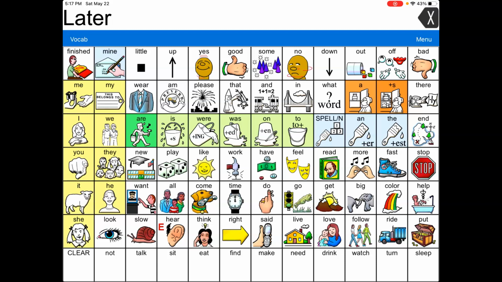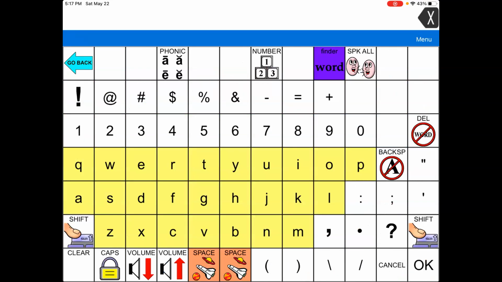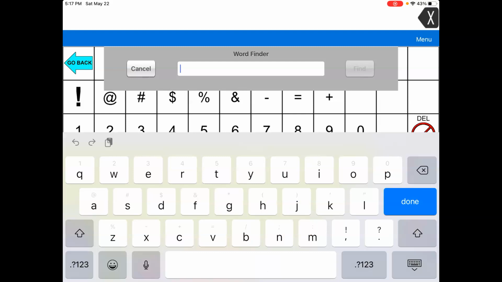All right. The other way to get to Word Finder is you're going to use your spelling number key. So if you're in that row where our one-hit words are is, were, was, on, and to, you'll see the blue key that says spell. You can go into the keyboard, and at the top is the purple key for Word Finder, and that's where you can type in the word that you can't find.